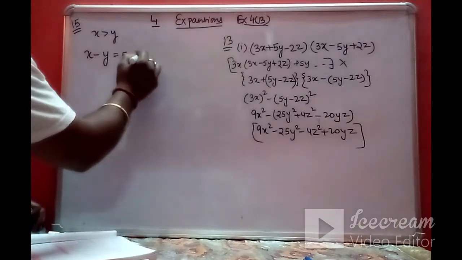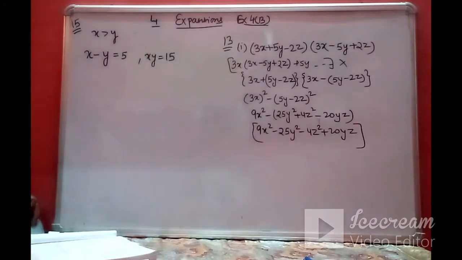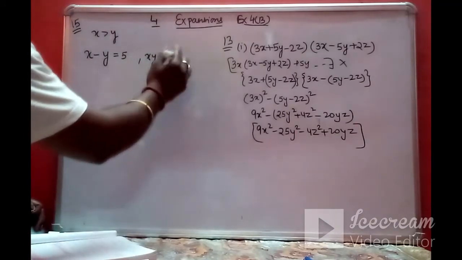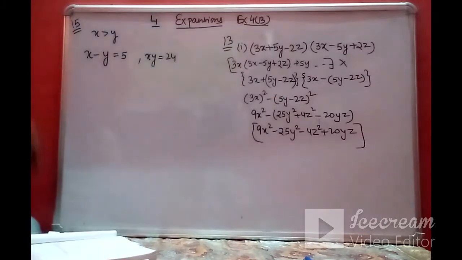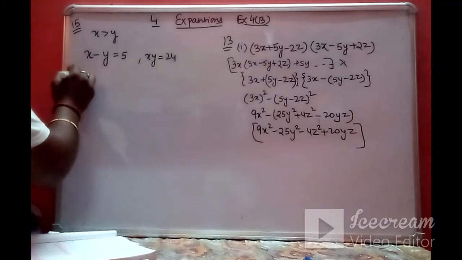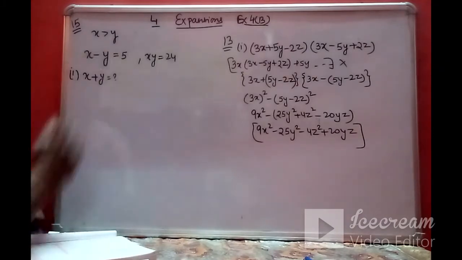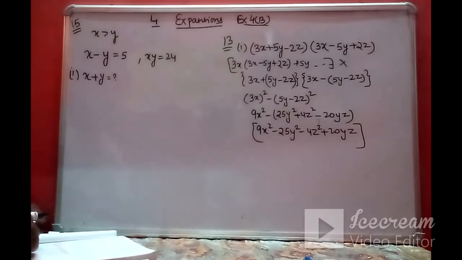And their product is given as 24. Find the sum of these numbers. First thing that we have to find here is x plus y. I think we discussed these questions in the first exercise.